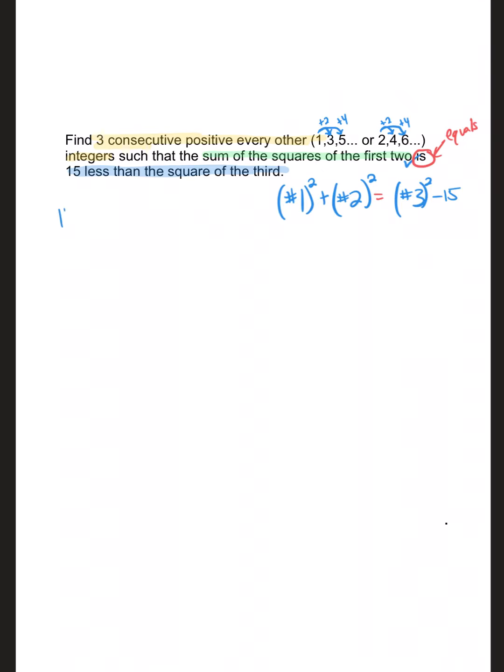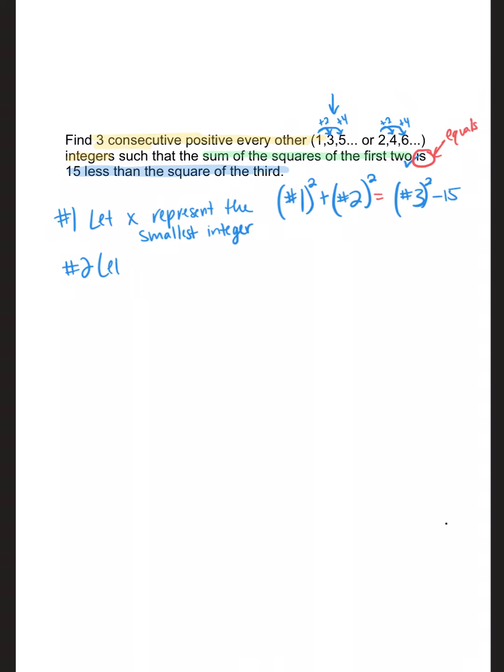So let's say number 1, we're going to let x represent the smallest integer. And for our number 2, like we set up here, our second number is going to be generated by adding 2 to our first number.